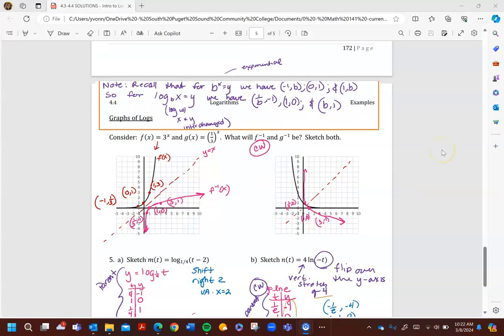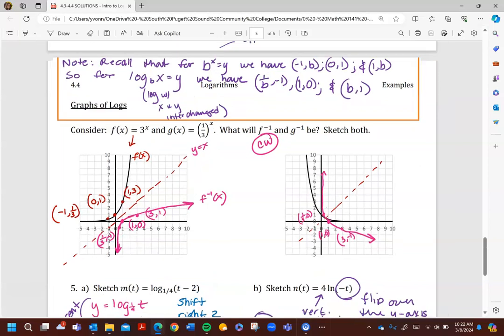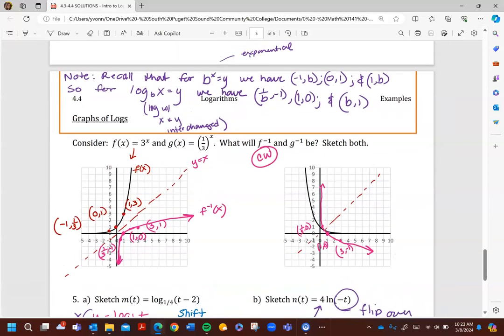So when we're looking to graph logs, remember it's the inverse of exponentials. So here's the notes from your lessons. If we have b to the x equals y, we have the points (-1, 1/b), (0, 1), and (1, b).